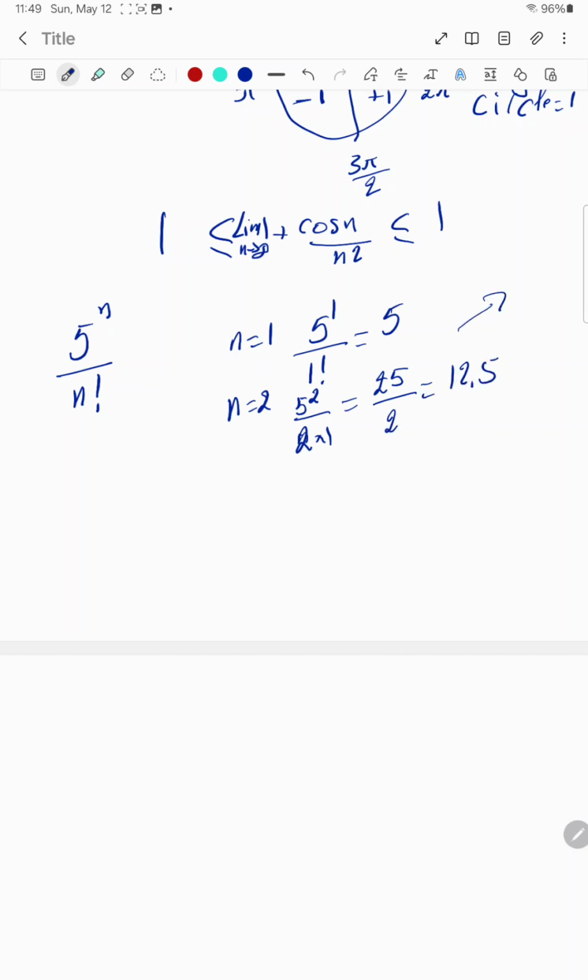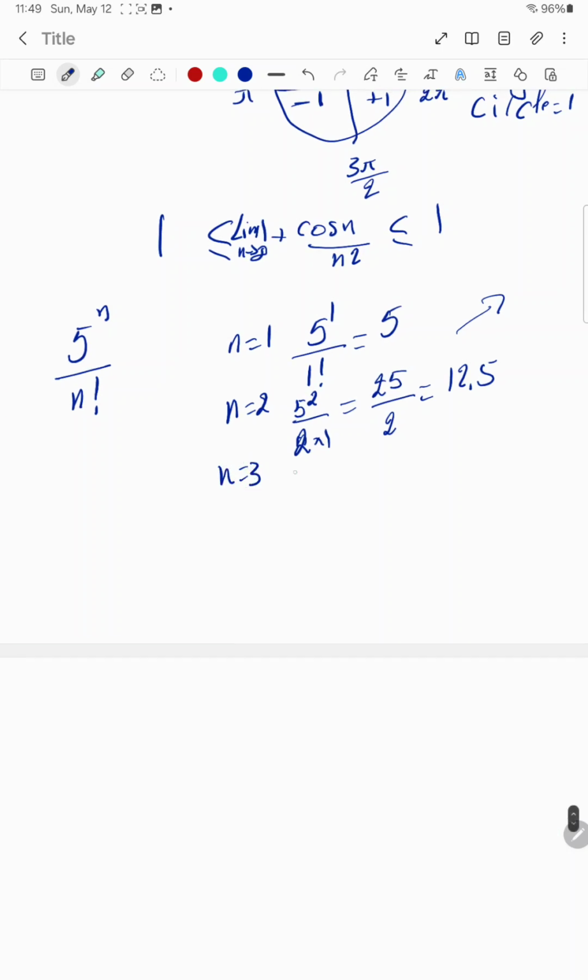So it's increasing. If n equals 3, I have 5 to the power of 3 divided by 3 factorial, which is 3 times 2 times 1. It is 125 divided by 6. And if you do that on your calculator, you will have 20.8.